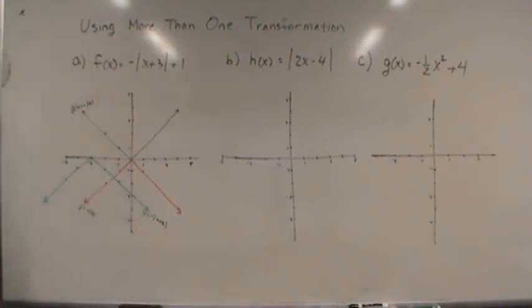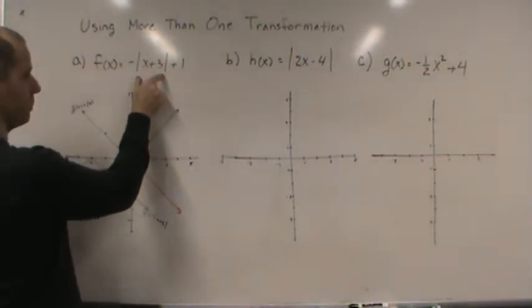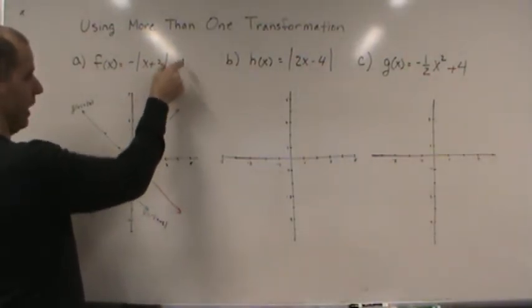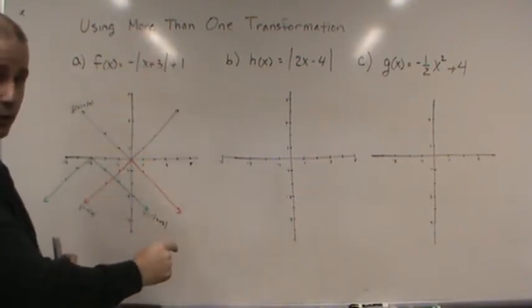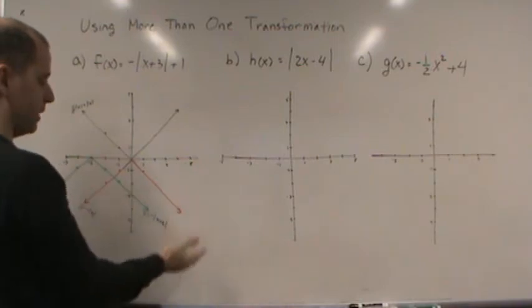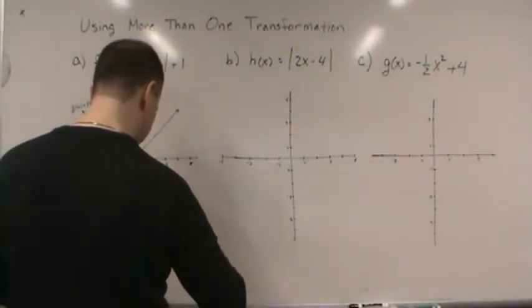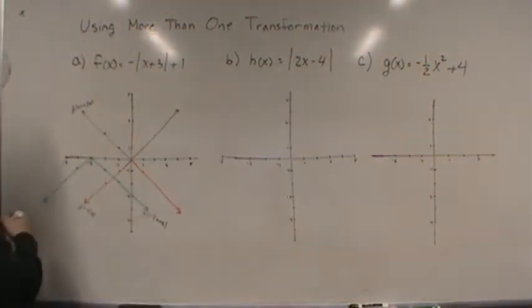And now finally, the last translation is this +1. So I'm outside the absolute value function. So that means I'm affecting the y values. So that means I'm going up or down. And since I'm adding 1, that means I'm going to go up 1. And so the final function we get is now we're going to go up 1.